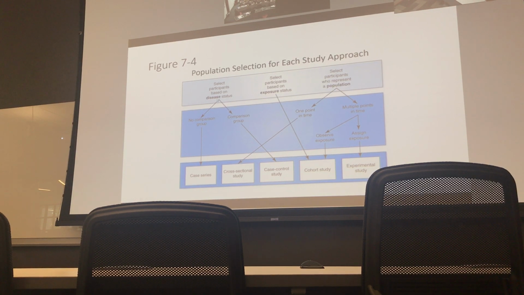Based on whether I'm going to have a comparison group or no comparison group, it's a rubric that shows me what study design I'm interested in. So it's just a diagram that shows how you select your population for each of the study designs. All right.